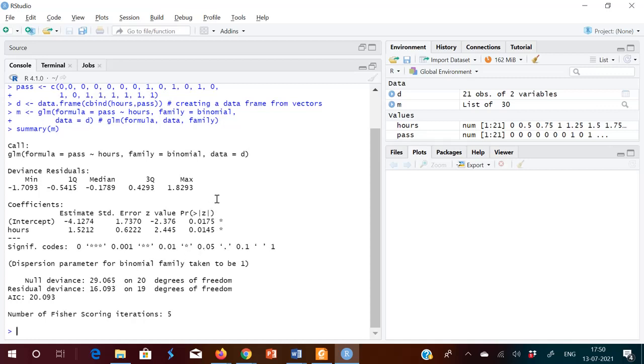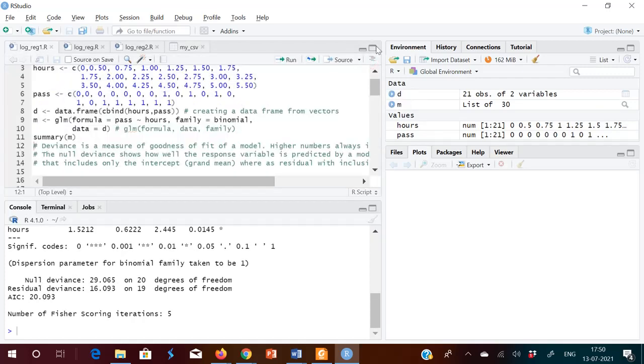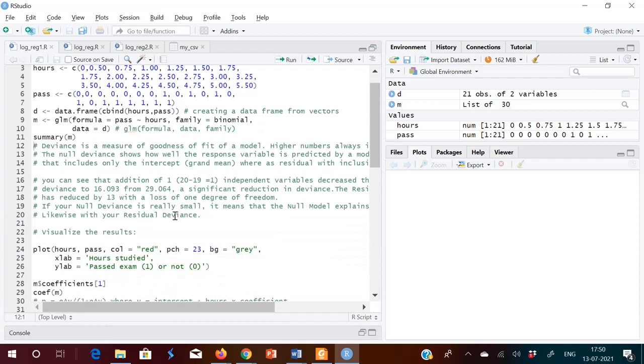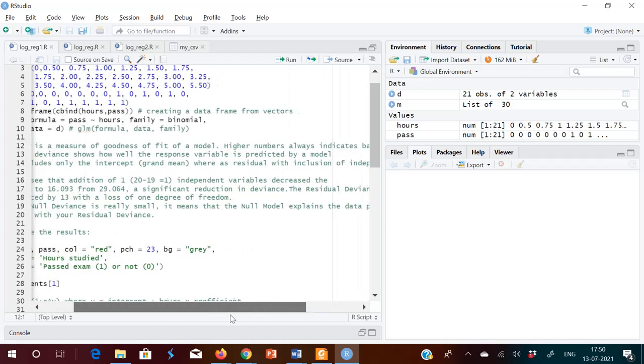About the null deviance and residual deviance: deviance is a measure of goodness of fit. The higher the number, the worse the fit.